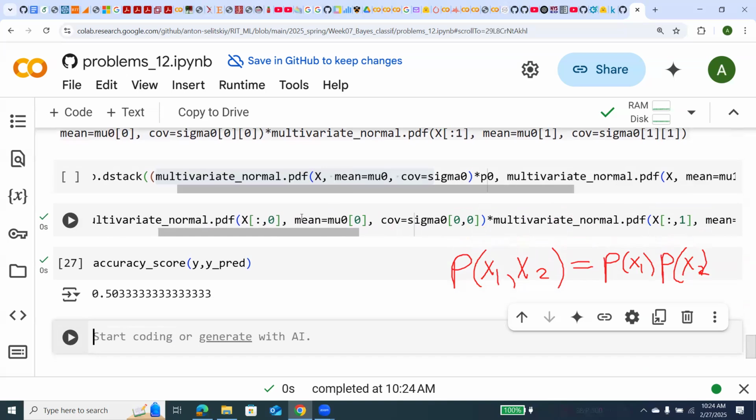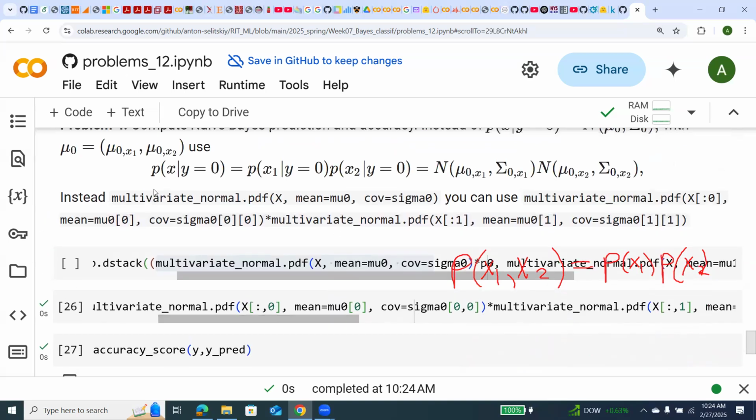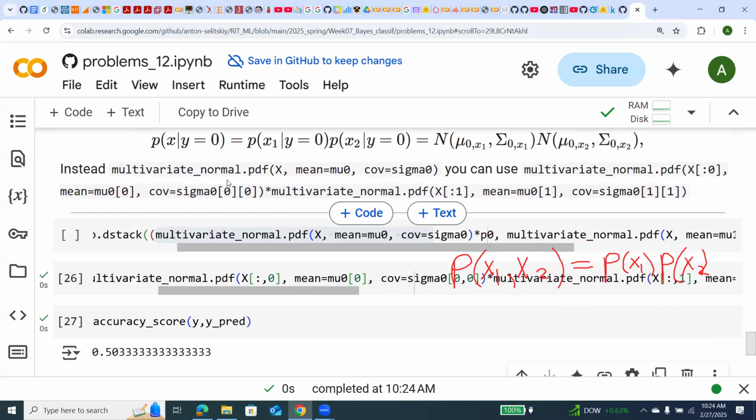So instead of the joint, we should calculate the product of one-dimensional distributions.